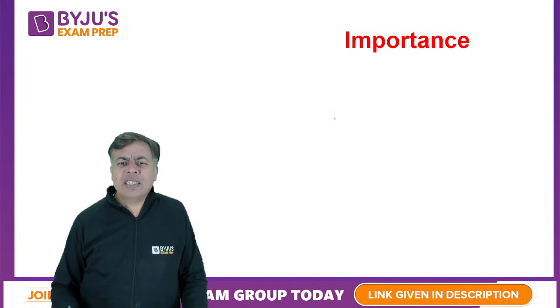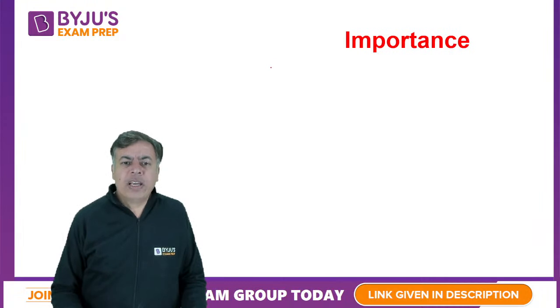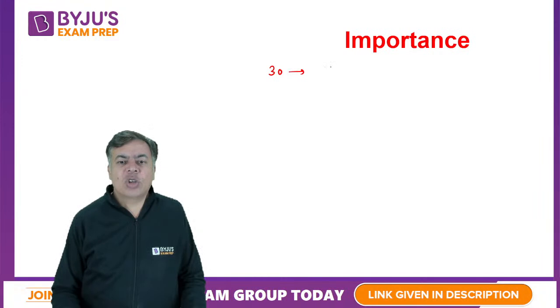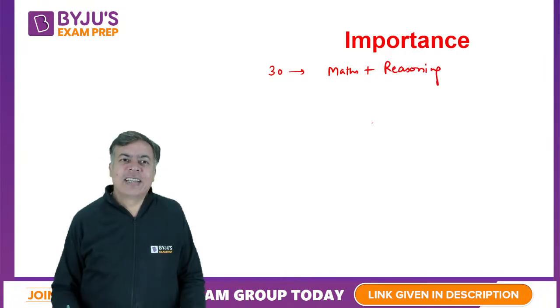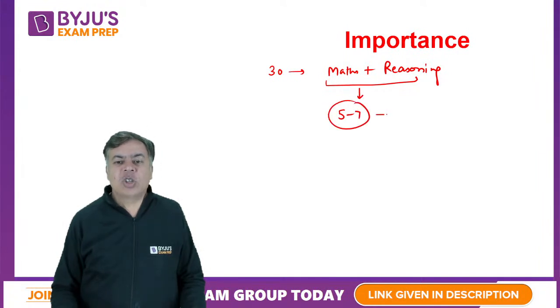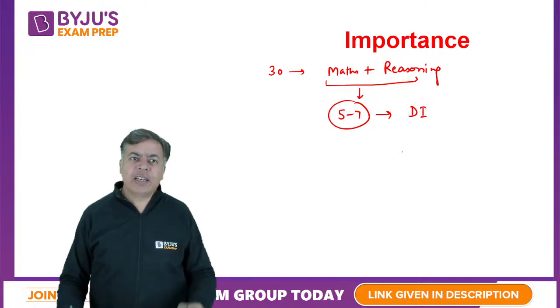Okay, importance, if I talk about this topic: in TISSNET you have 30% weightage, or 30 marks, for maths plus reasoning. Out of this 30, if you get 5 to 7 questions right on DI, that is a huge weightage.